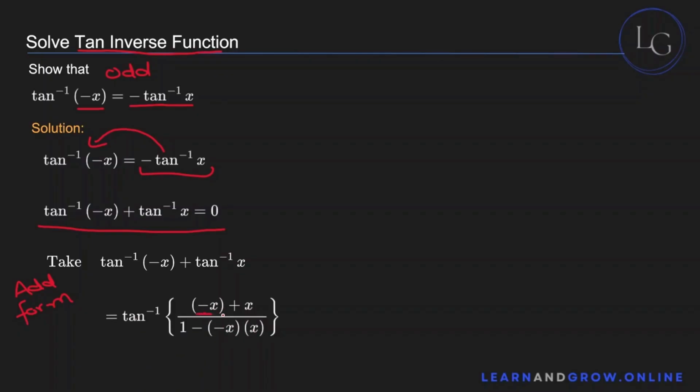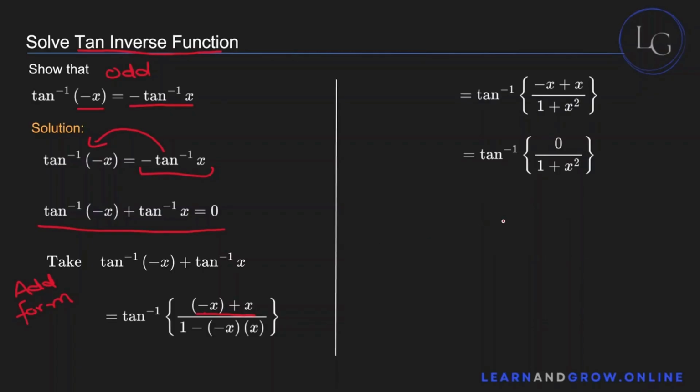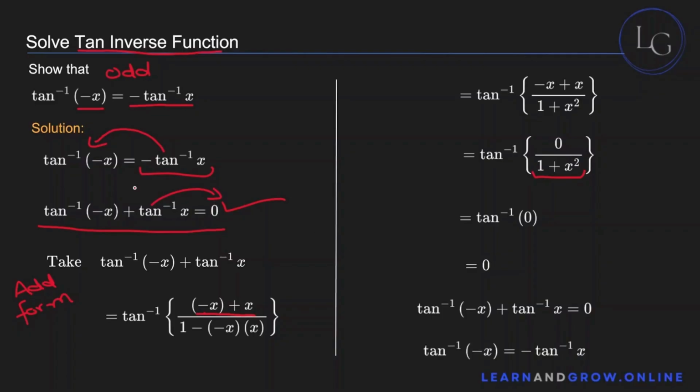So this numerator becomes 0 because it's minus x plus x, and the denominator becomes 1 plus x square, right? And since the numerator is 0, the entire bracket becomes 0. And tangent inverse of 0 is, well, 0. So now we've proven this equation, and just take this tangent inverse of x to the right hand side, and you've proven the original equation given in the question.